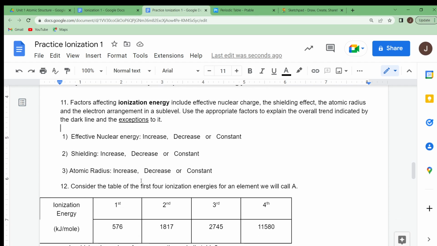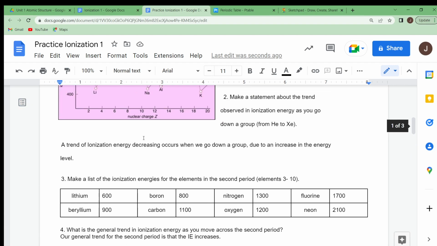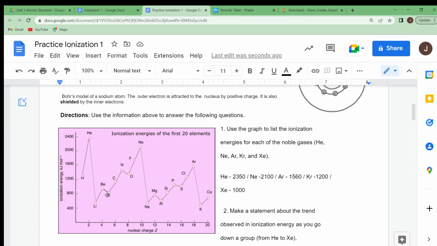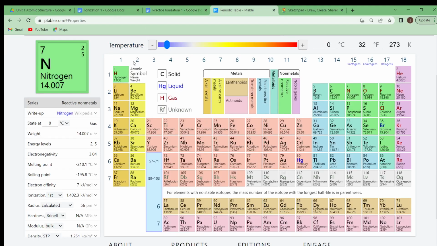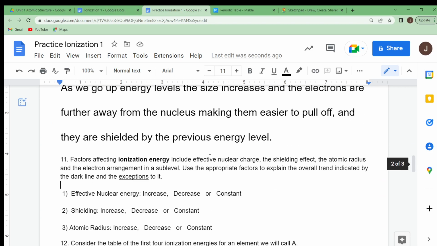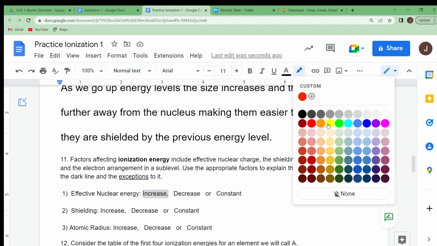And the first thing that we have to say is that in general, effective nuclear charge for all of these is always increasing, okay? On our periodic table, we're always adding more protons as we go along. So in this particular case, for this problem, we would have to indicate here that this one is increasing, okay?